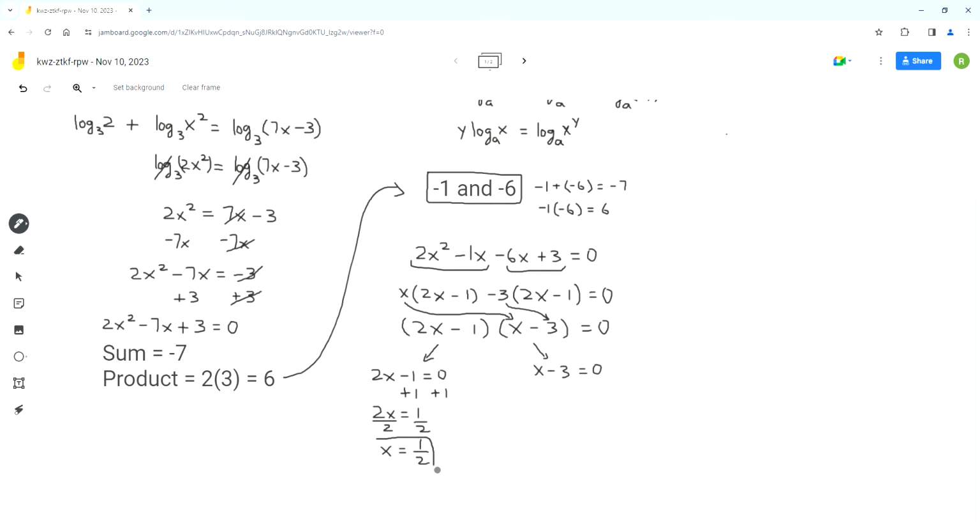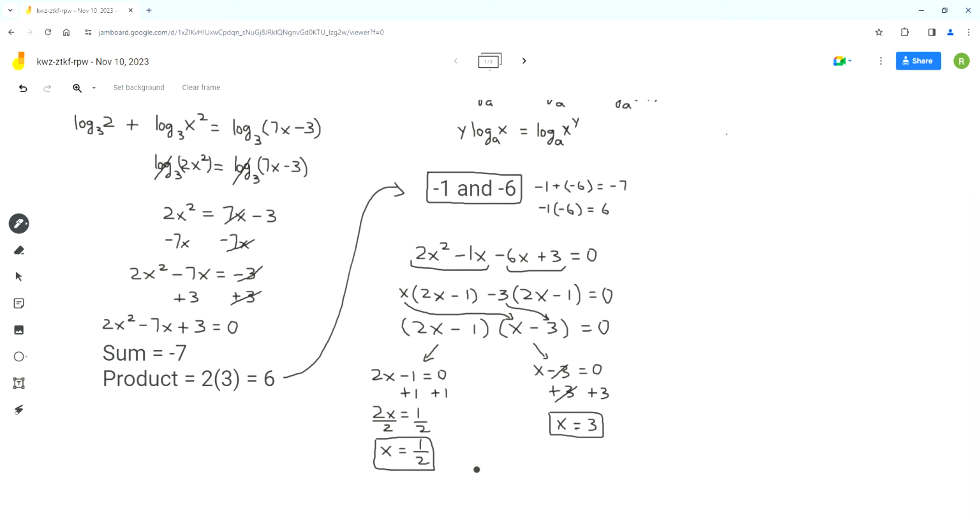So this is the first solution we get for this equation. And then for the second one, we'll add 3 to both sides. So the 3's on the left side cancel each other out, so we get x equals 3. So this is the second solution.